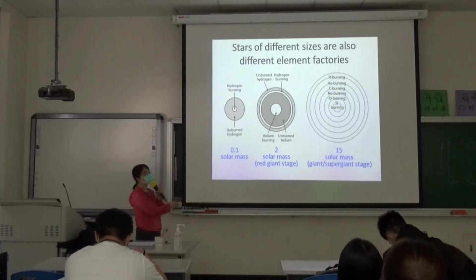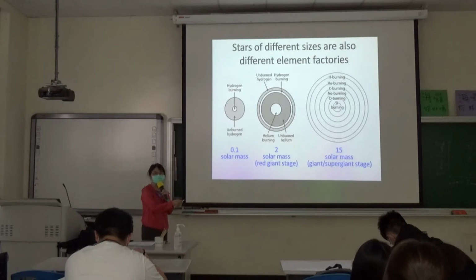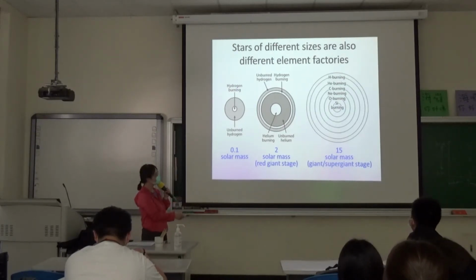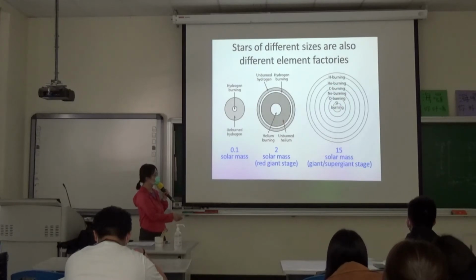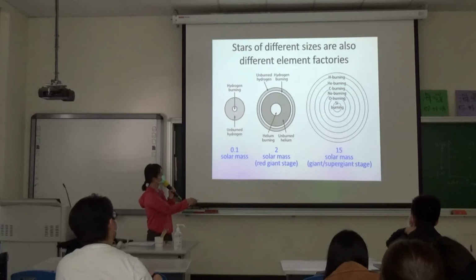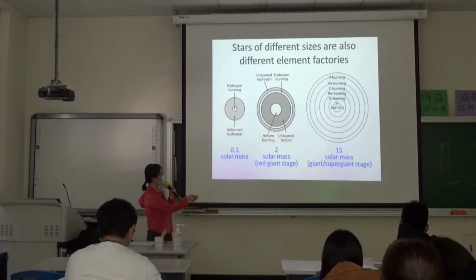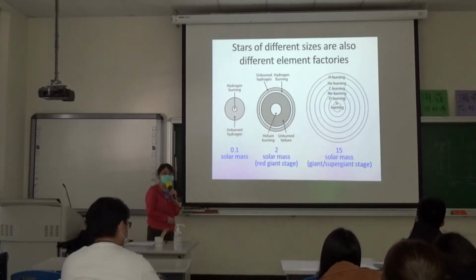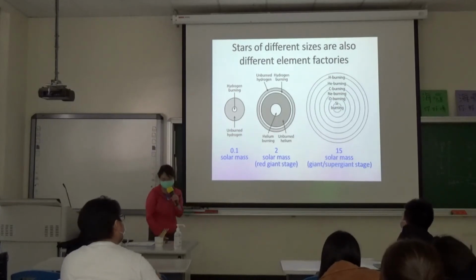It has an onion structure, 分层的, okay. And for a very big star, like a giant or supergiant stage, it has many shells. Silicon, oxygen, and so on, to hydrogen. Okay.